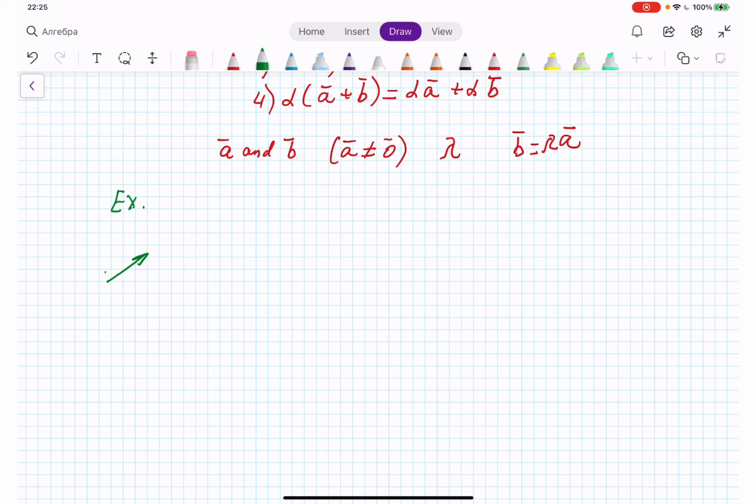This is vector V. Here we have vector W, and we have vector U. Let me rewrite W one more time.